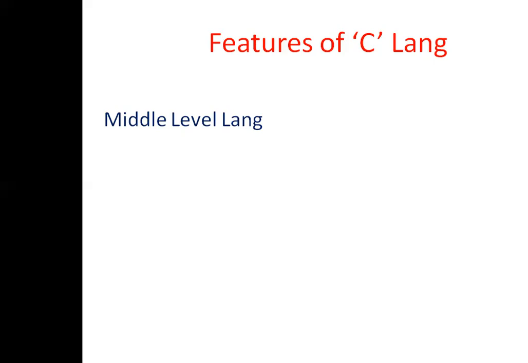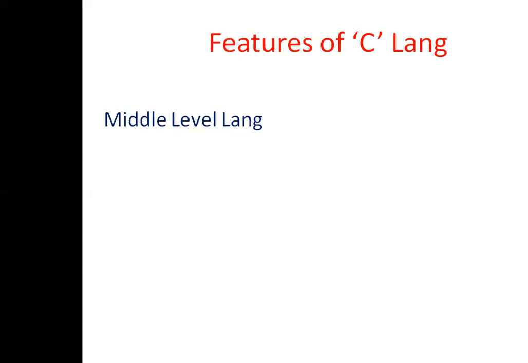As I have told before, machine understandable language. Are you clear? So whatever we understand is the high level language for our communication. Whatever the computer understands in its internal core is the machine language, or low level language, or binary language.